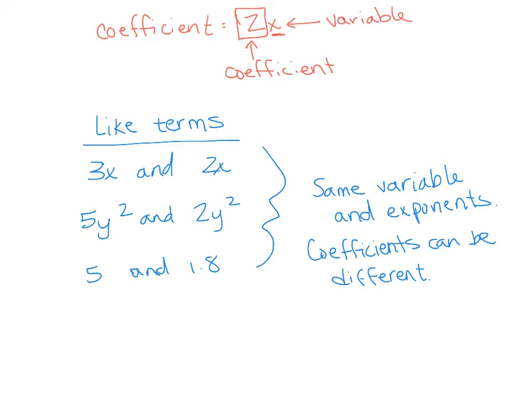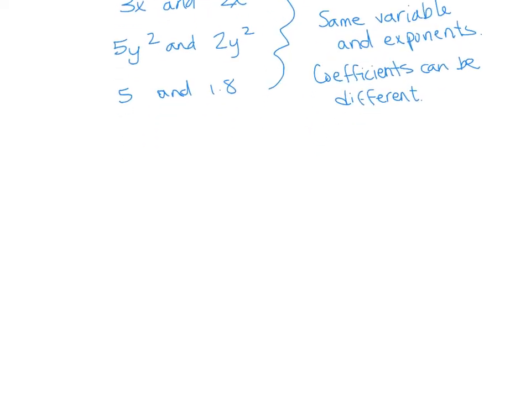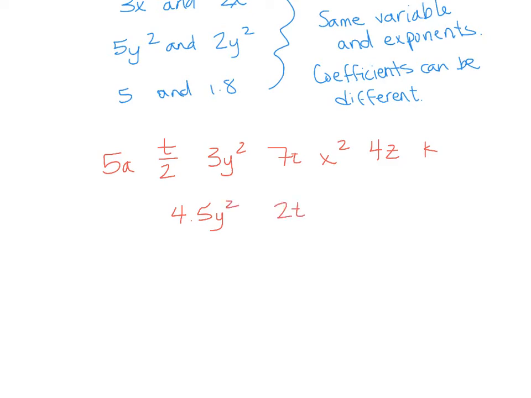So the first thing we're going to do is there is a list of terms. We have 5a, we have t over 2, we have 3y squared, we have 7t, we have x squared, we have 4z, we have k, we have 4.5y squared, sorry, we have 2t, and we have 2/3 a.